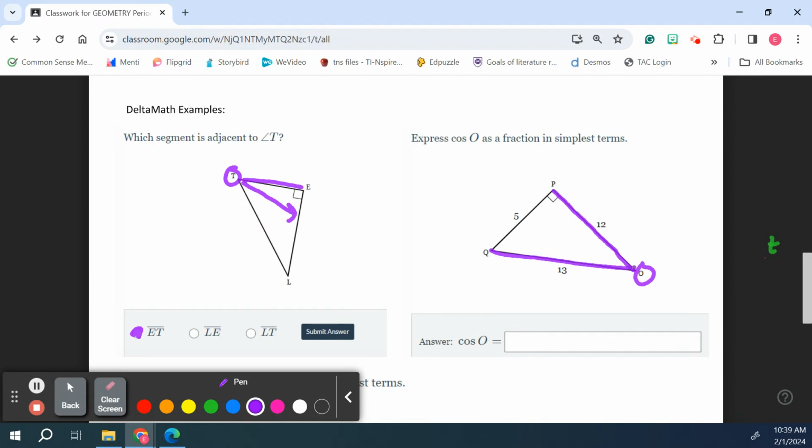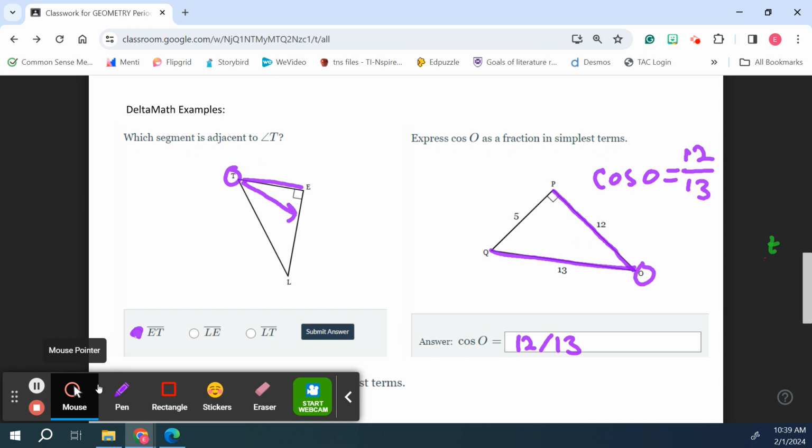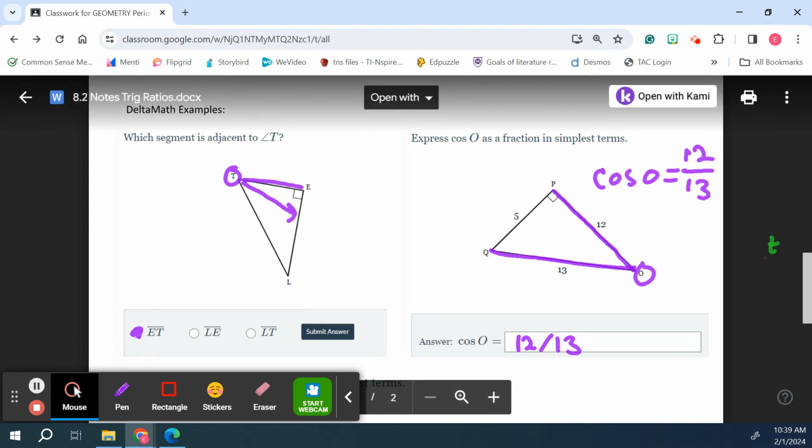So the cosine of O is equal to 12 over 13. Can that reduce? Can it? No. So in this case, the answer is going to be 12 over 13. Questions on these two so far?